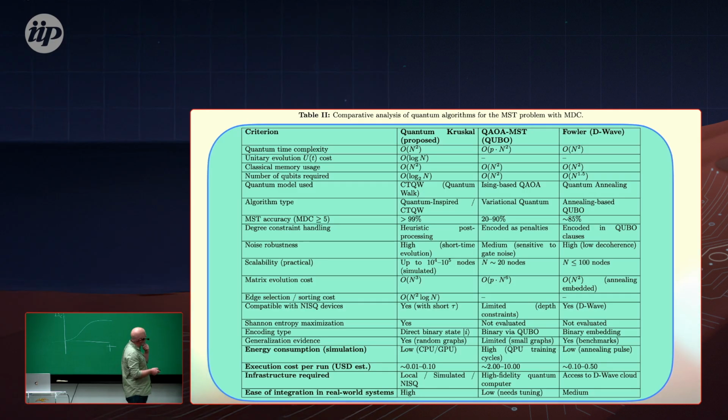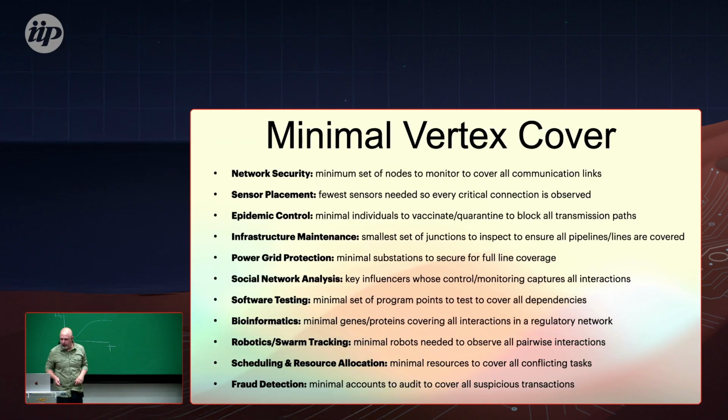For example, if you want to scale in terms of the number of qubits, or if you want to see the complexity related to the QUBO problem formulation, or even the Fowler formulation for the D-Wave kind of solution, you can go to this map here. There are many advantages. Of course, there are disadvantages as well, but I'm not talking about that. And this is it.